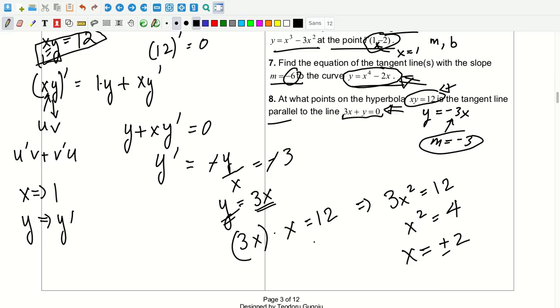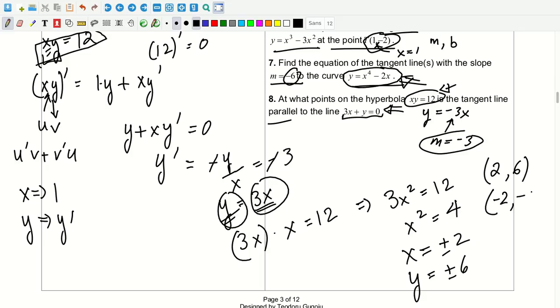But if x equals plus or minus 2, y is 3 times that, so y should be plus or minus 6. So there's only 2 points. It's going to be (2, 6) or (negative 2, negative 6). And that's it, these 2 points. You can call them P1, P2 if you want. It doesn't matter.